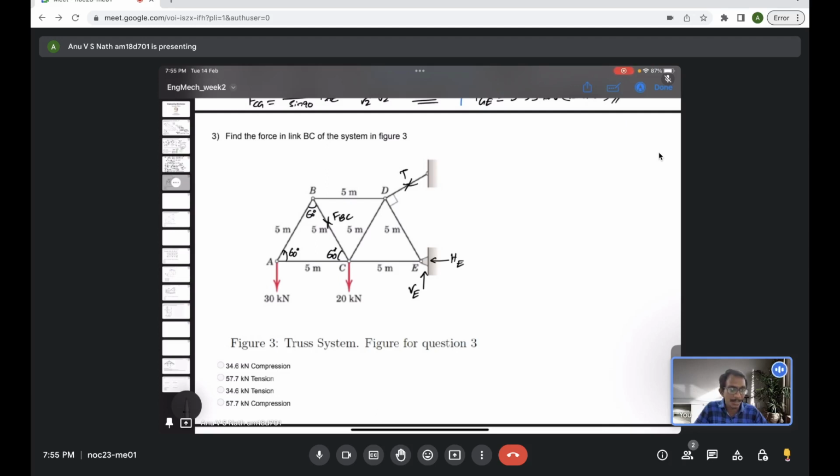It's a hint. Method of sections is not needed here, but if you feel you can use it, you can. I am just saying it's enough to use the method of joints.